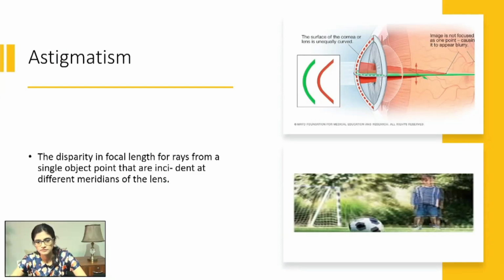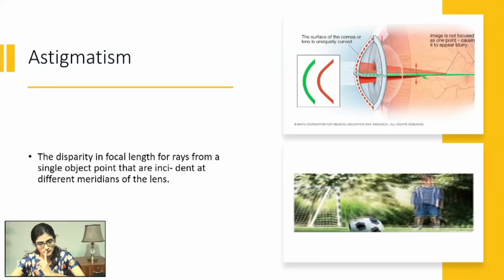If you take the cornea here, the cornea is steeper in this vertical axis, shown in red, but in the horizontal axis, the cornea is a bit flatter. So the ability to refract is more in the vertical plane than in the horizontal plane.